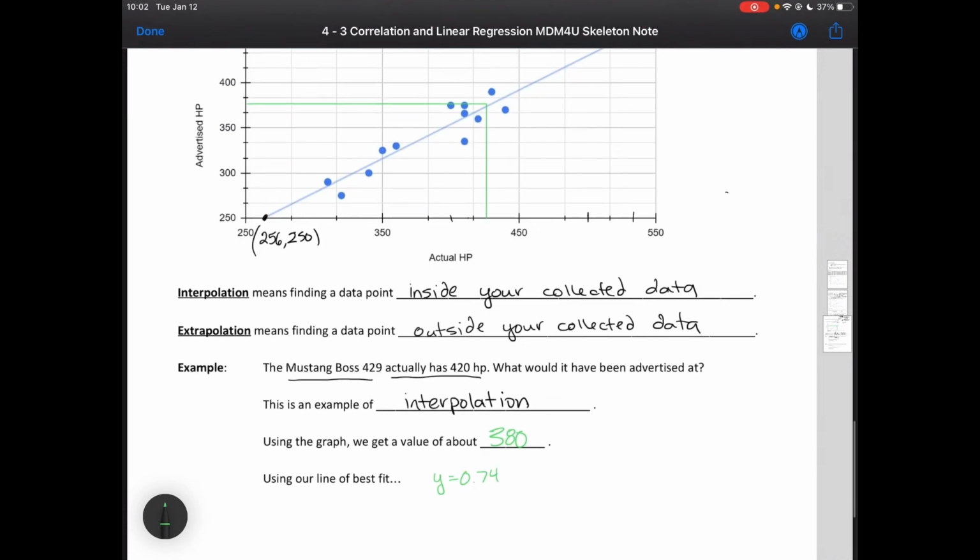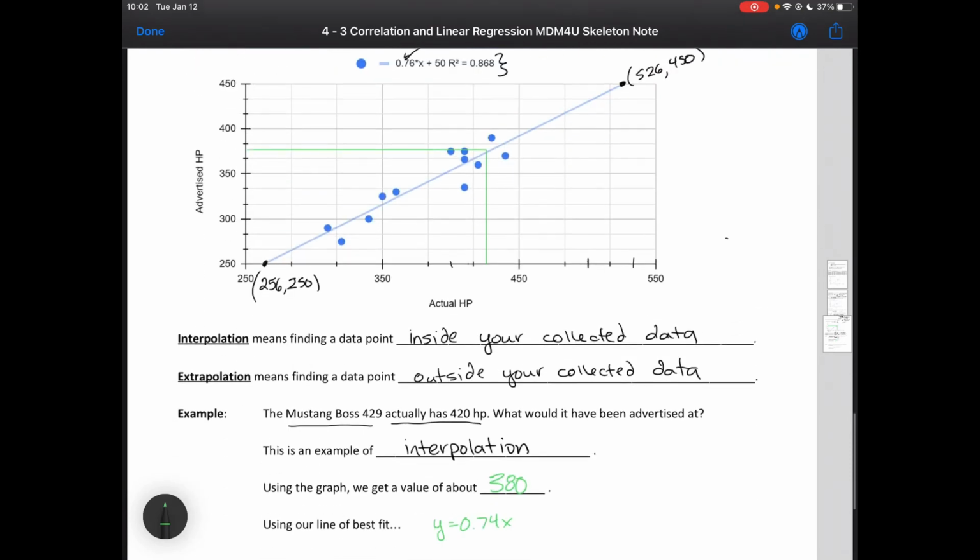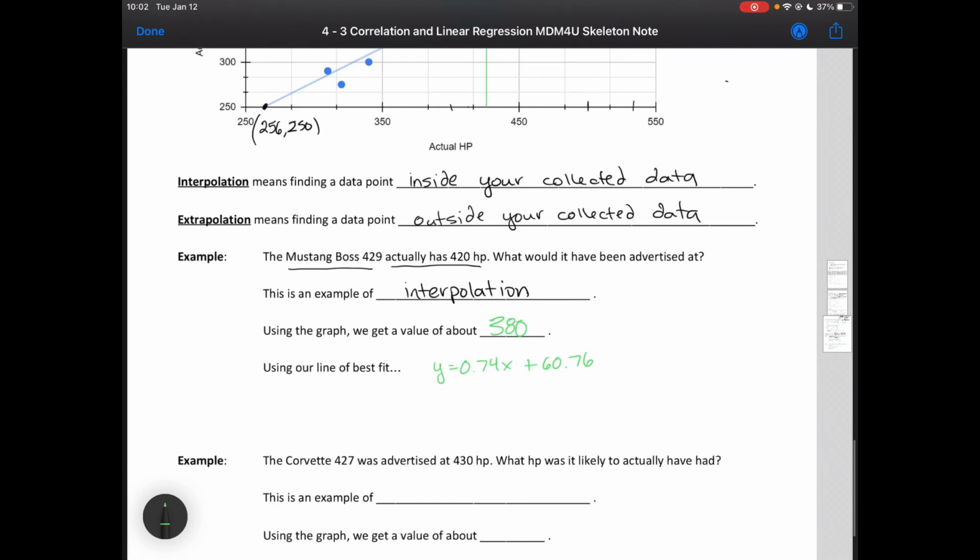We can also use our line of best fit. We had y equals 0.74x plus 60.76, which we know is a little bit off when we compare it to our graph, which is okay.